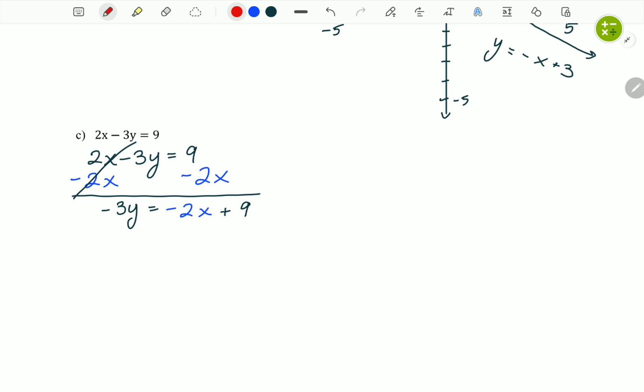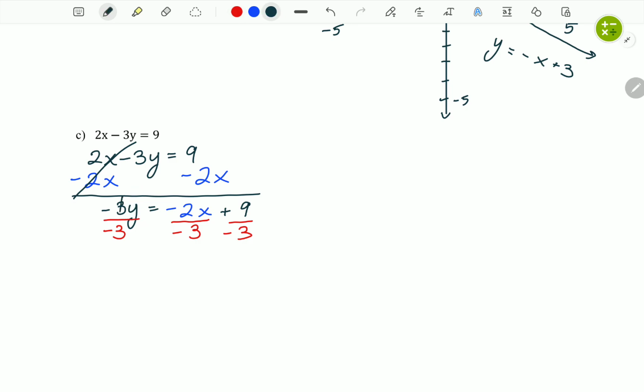To get y by itself, we must remove the negative 3 that's being multiplied to it. The opposite of multiplying by negative 3 is to divide both sides. Divide everything by negative 3. So we're going to divide negative 3 to every term in our equation. In our function, rather.